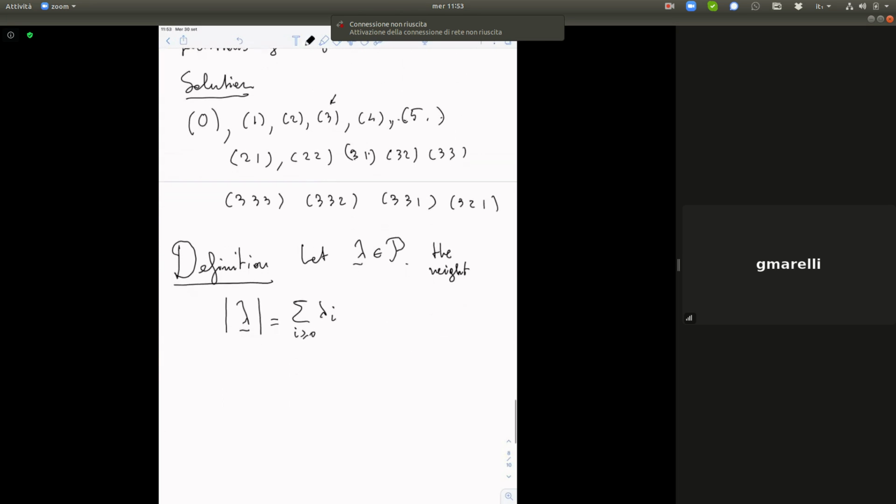Example. Let lambda be the partition 3, 2, 2, 1. This is in P4, for instance.